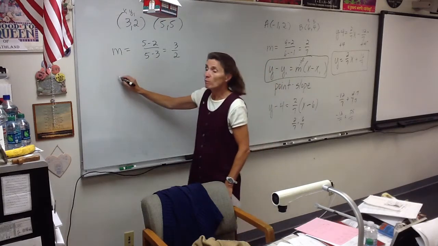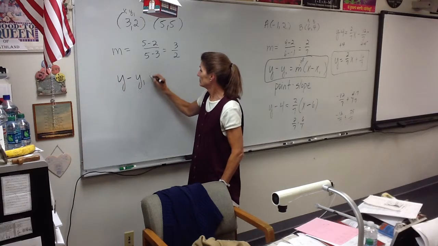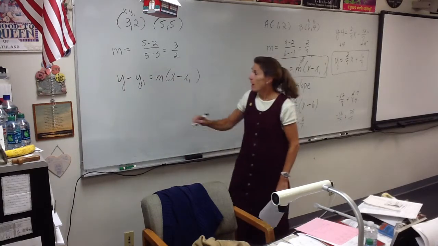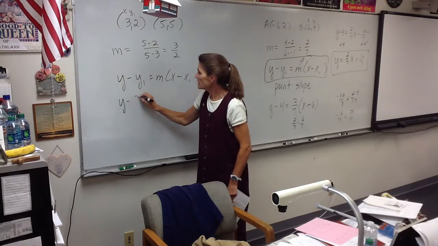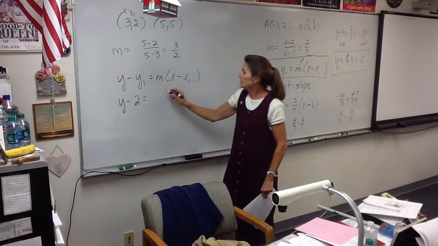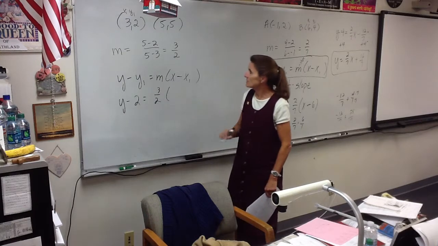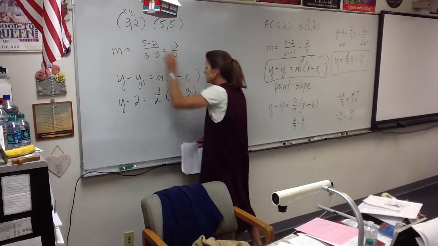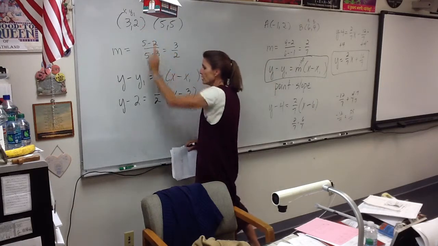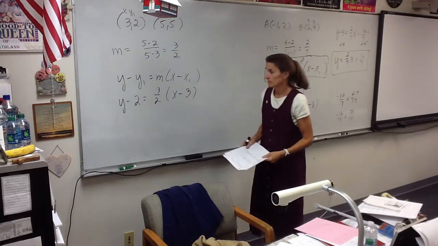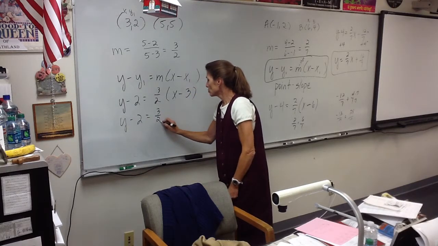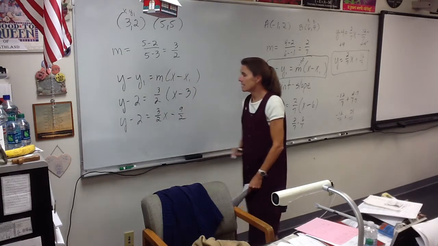So then using my formula, I'll have y minus 2 equals 3/2 times x minus 3. x1 is 3, y1 is 2. So y minus 2 equals 3/2 x minus 9/2.